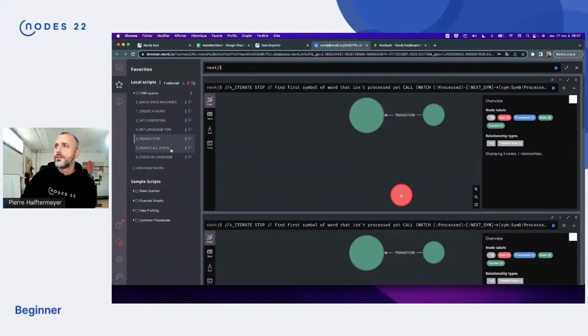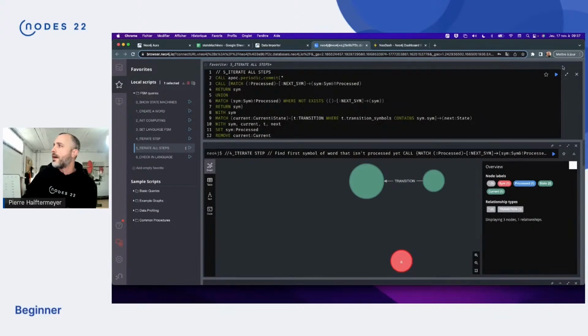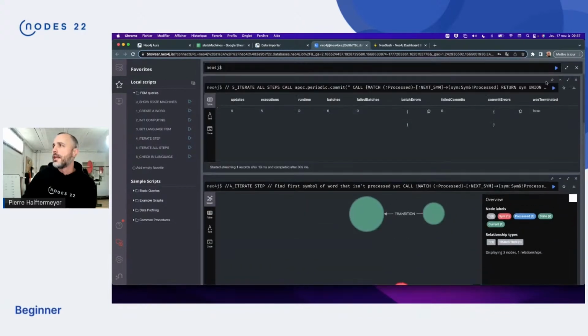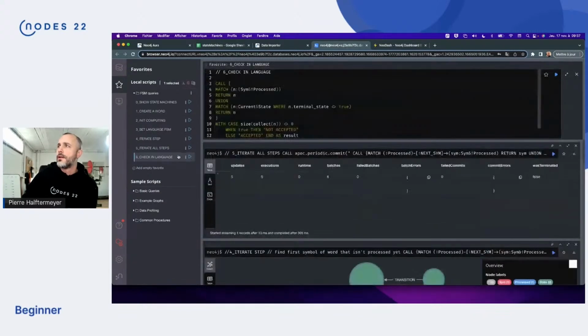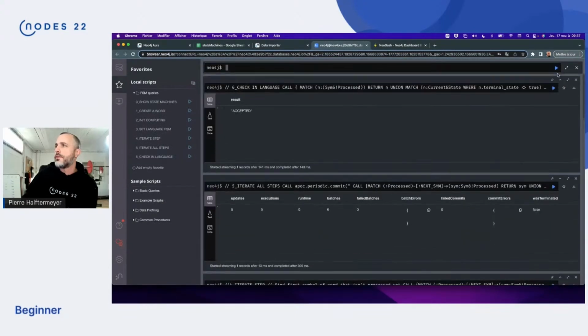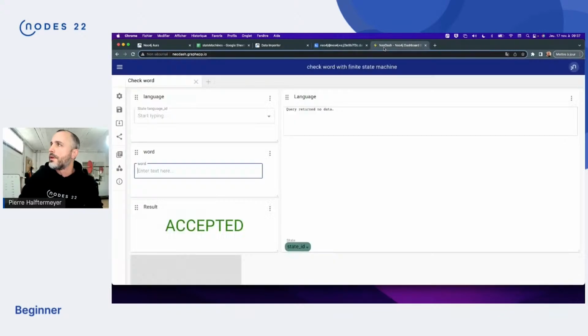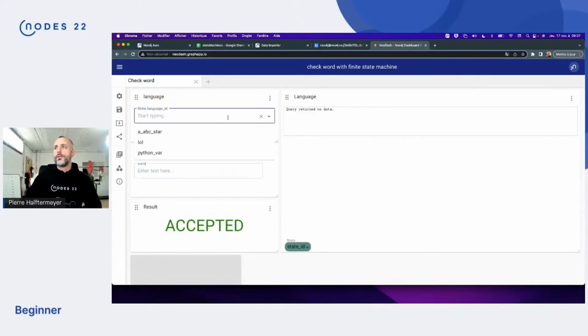If I want to iterate all states, I put it in an APOC periodic commit, and I have all my process done, and I can check if my word is part of the language, and here it is accepted. When I have it, I can build a tool to check if a word is from a language or not.